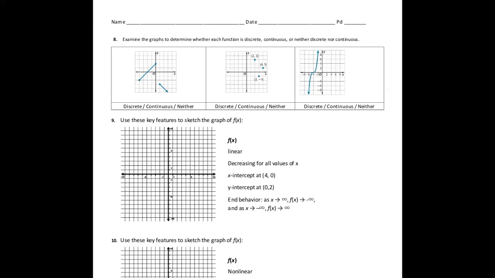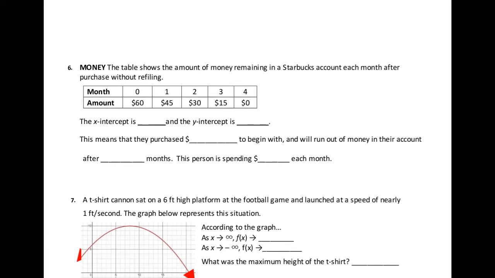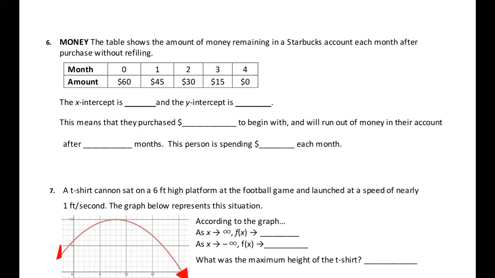6. Okay. 6. Money. The table shows the amount of money remaining in a Starbucks account each month after purchases, without refilling. So we have a table with the number of the month and the amount left in the account.